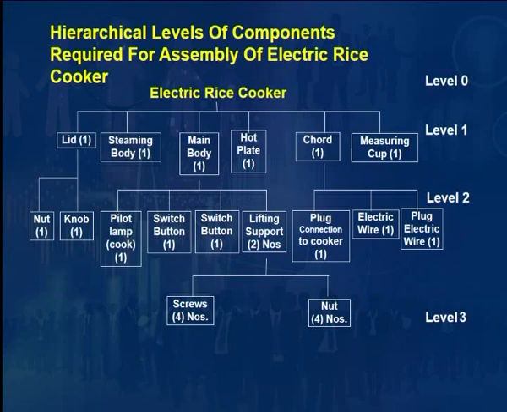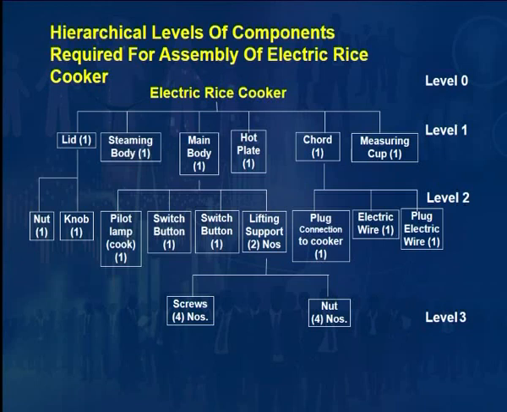Here we are showing hierarchical levels of components required for assembly of an electric rice cooker. Electric rice cooker is at level 0, and at level 1 there are sub-assemblies.